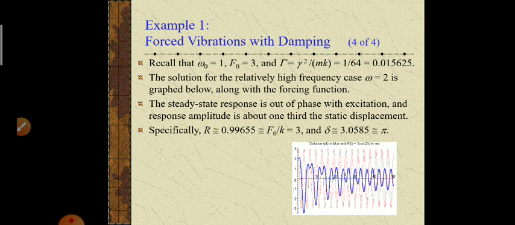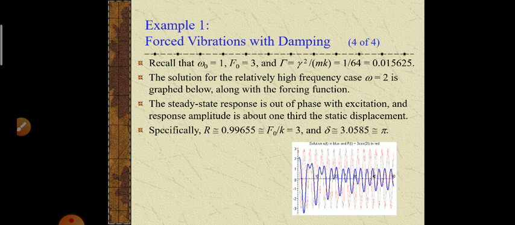Now for another value of omega, for the same values of omega 0, F0 and zeta, the solution for the relatively high frequency omega is equal to 2 is graphed below along with the forcing function, right? Here the response amplitude is about a third of the static displacement.